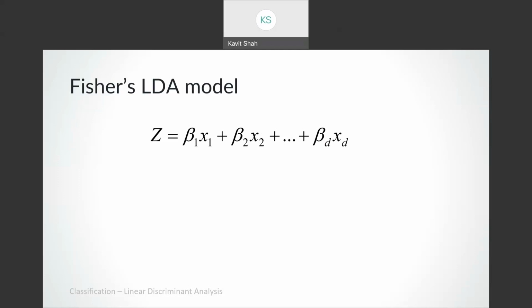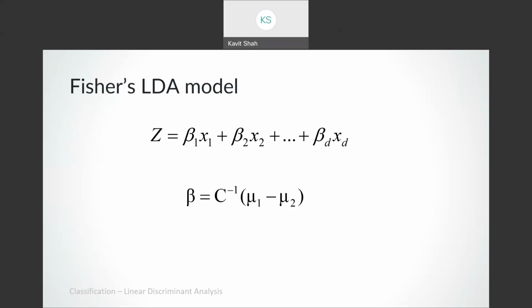Choosing these estimates in such a way would be useful for the LDA method, in that it maximizes the distance of separation between the categories and it minimizes the in-class variance. So for a particular class, the data points should have a minimum variance.